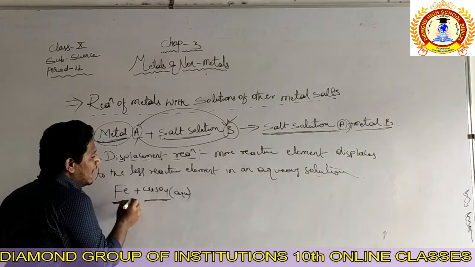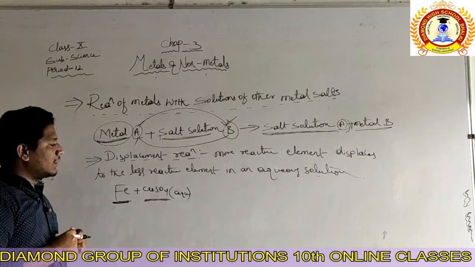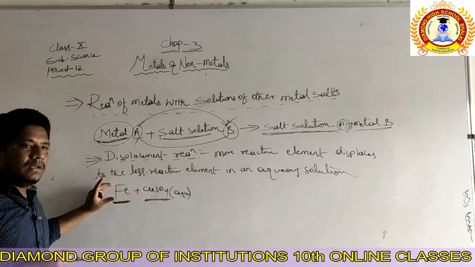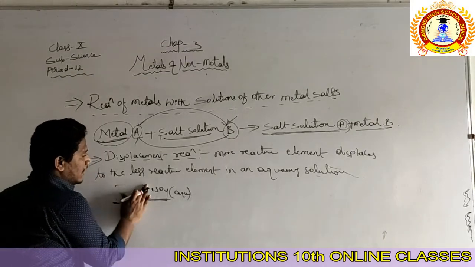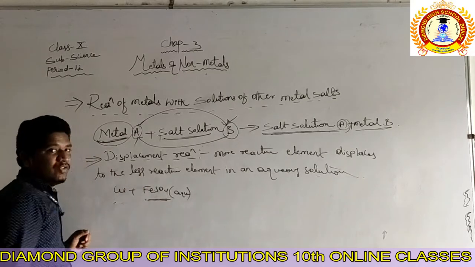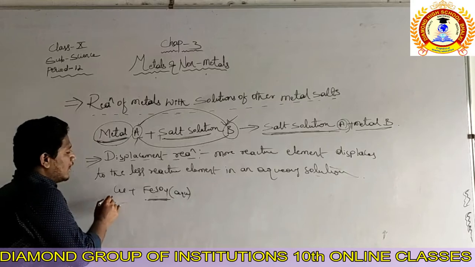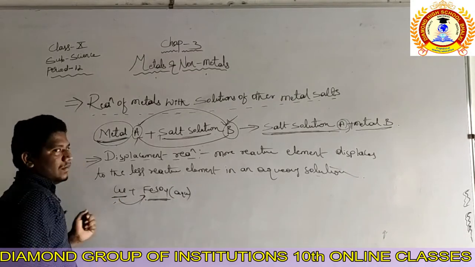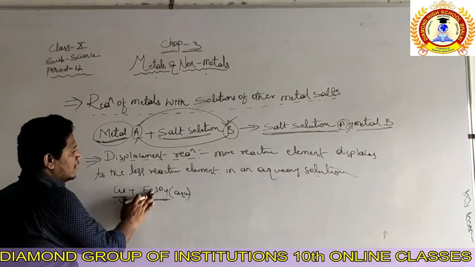When iron reacts with CuSO4, is the reverse possible here, like Cu plus FeSO4? No, it's not possible, because copper is less reactive than iron. So the reverse reaction is not possible.